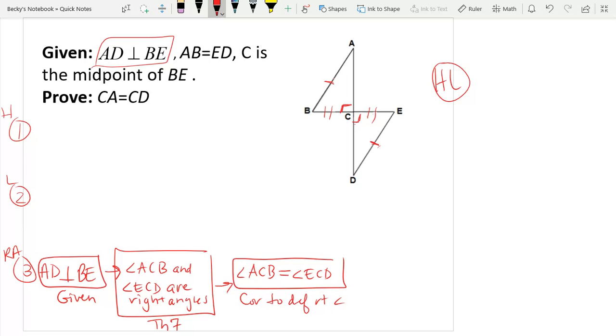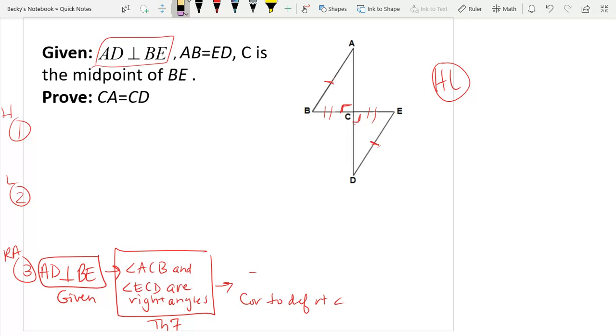We proved the angle. Did we prove it's a right triangle? Or did we just do what we're used to doing? We got to think about what we're doing here. I proved that the 2 angles are equal. Now, within the proof, I showed that they are right angles, but did I prove that they're right triangles? How do I do that? All right, so that means we can't do what we've always done, okay?